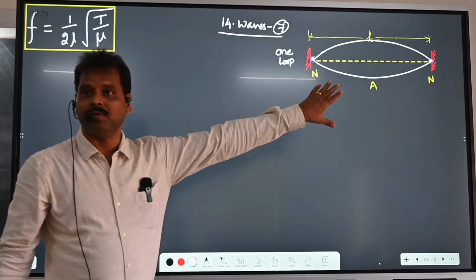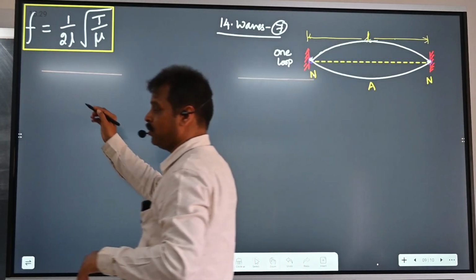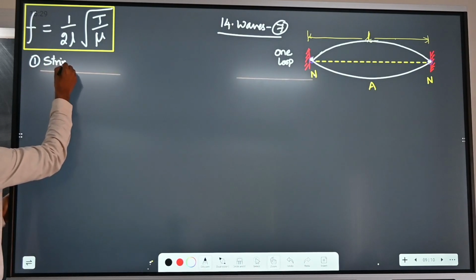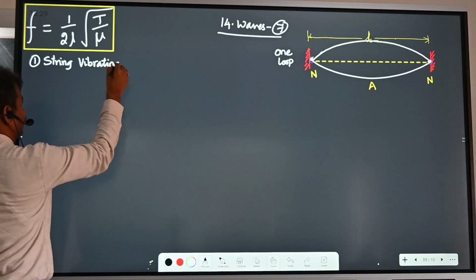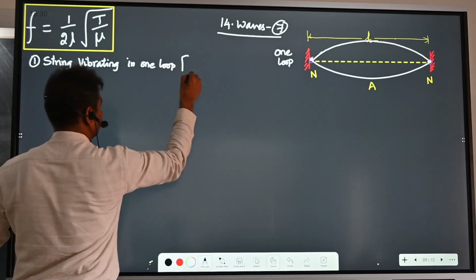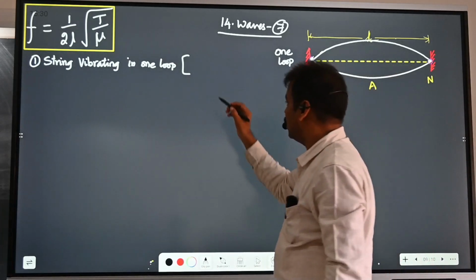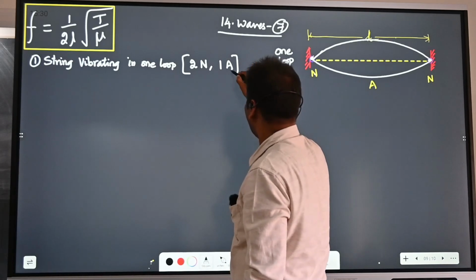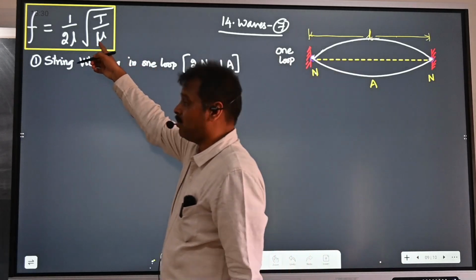In one loop, students, if you observe the diagram clearly, when the string is vibrating in one loop, point number 1. String vibrating in one loop. We have two nodes, one antinode, correct? How many nodes are there? Two nodes, one antinode. So then, how did we get this formula here?